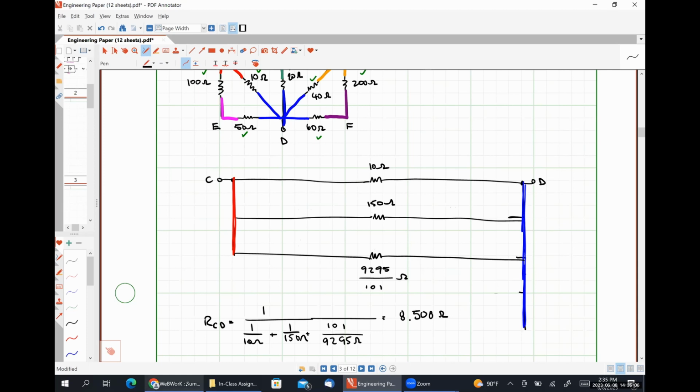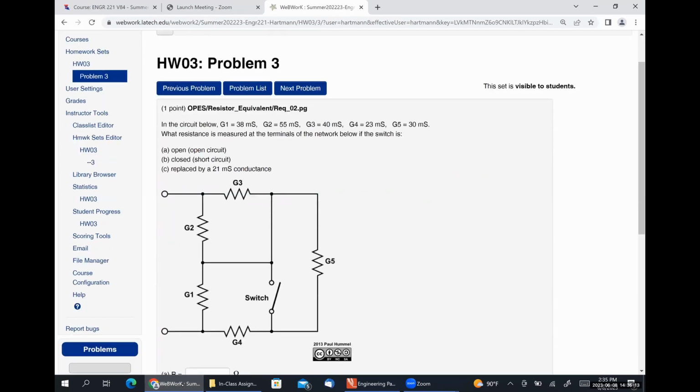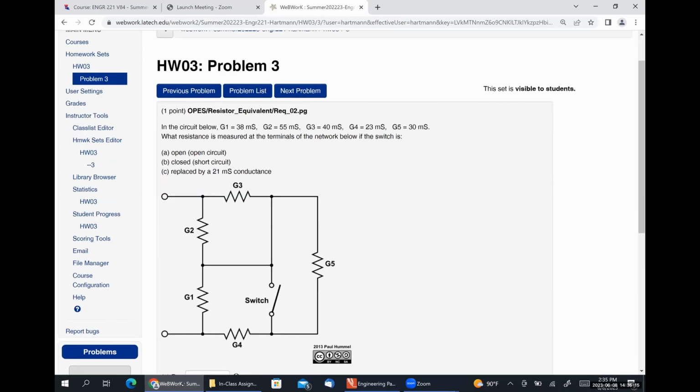Let's take a look at some of the other WebWork problems here just to see if there's any questions. So this one here is very similar to our last problem. The network isn't quite as complicated, but instead of resistances, you're given conductances. So what I would encourage you all to do is to just take the reciprocal of those values.